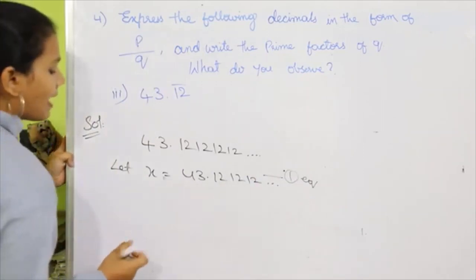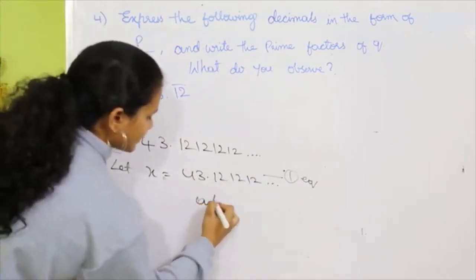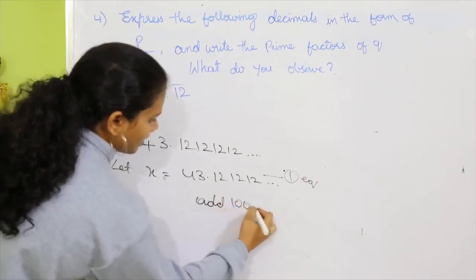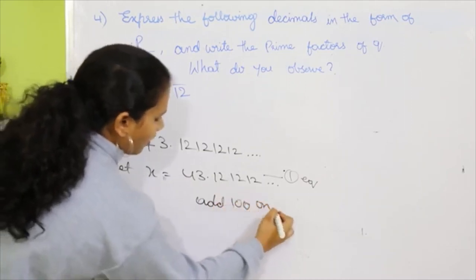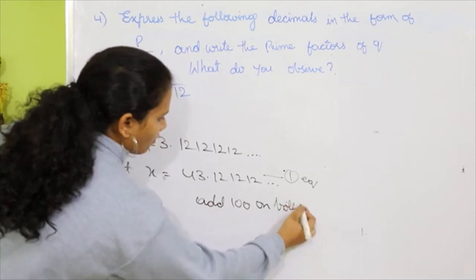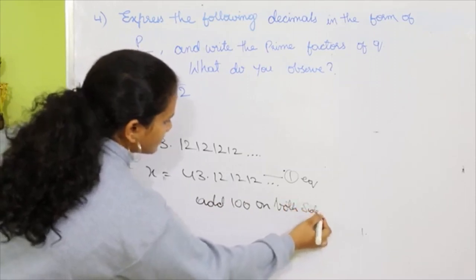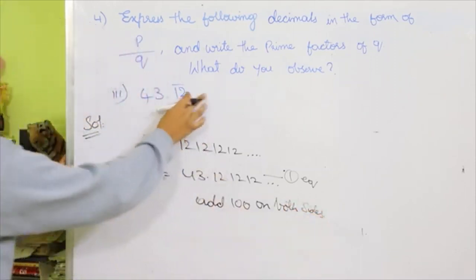Now what you do? Multiply by 100 on both sides. I am considering 100 because here I have 2 repeating digits.